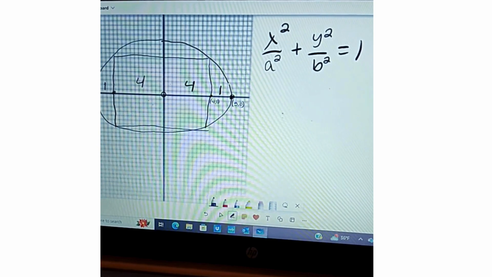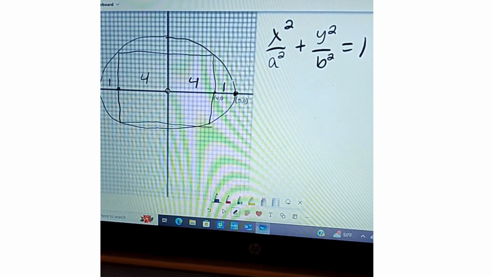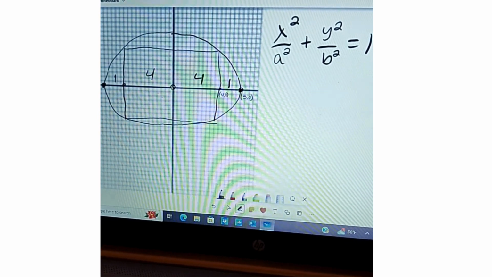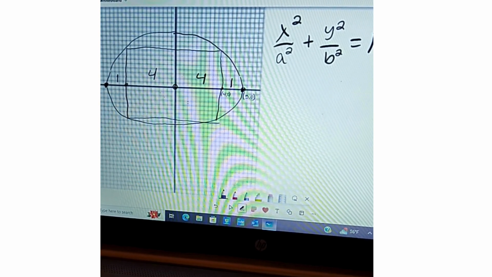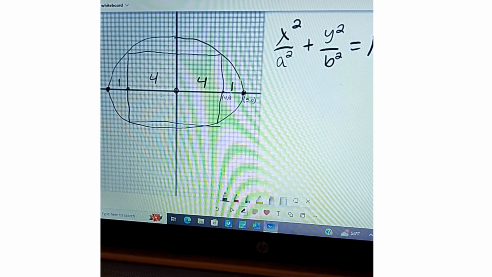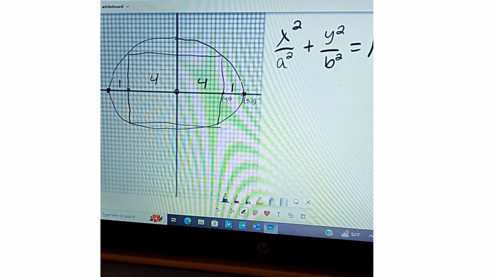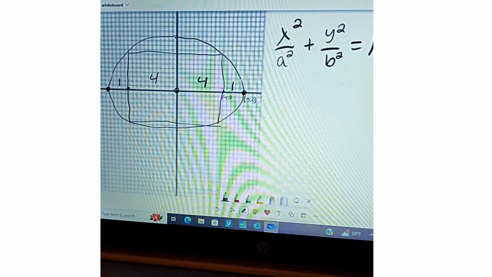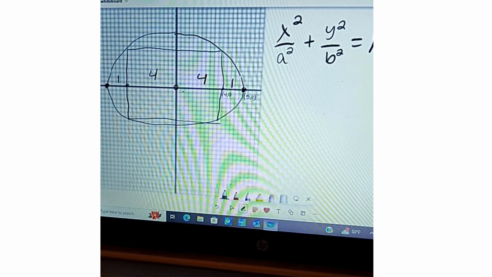First we're going to be finding a. We know that the ellipse is centered at the origin, (0, 0), so we're not going to have to move it anywhere. We also know the string length is 10 units, which is the length of the ellipse, and the distance between the tacks is 8 units long.